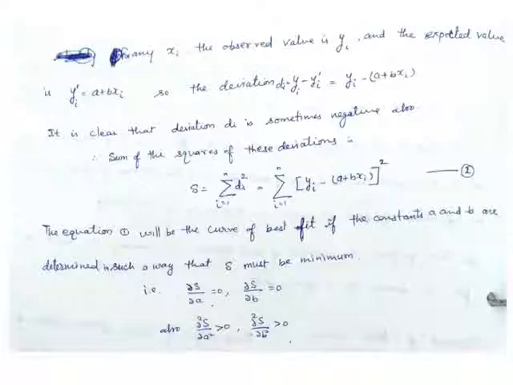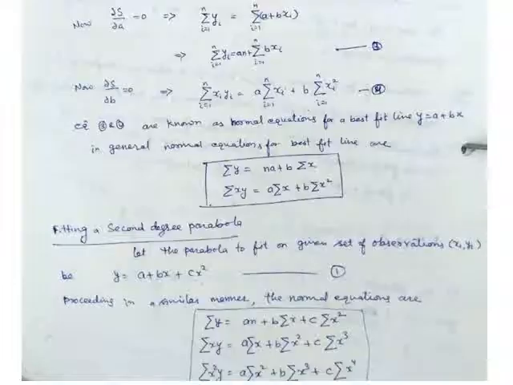Also the second derivatives must be greater than 0. This is the condition for minima, where the first derivative equal to 0 gives a stationary point and the second derivative greater than 0 indicates a minimum.